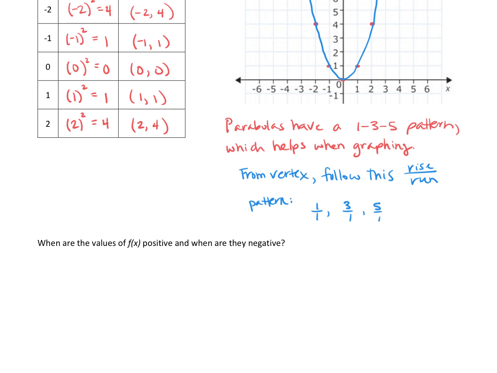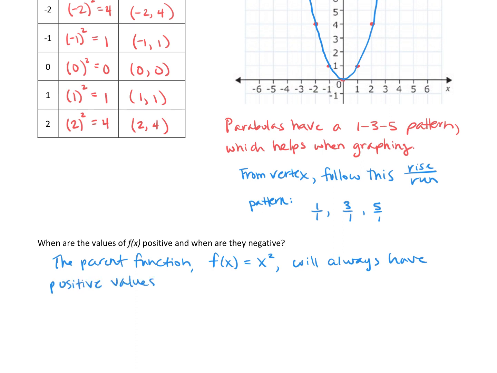So the parent function, f of x equals x squared, will always have positive values, except at the vertex, when the value of f of x is 0. Okay, so here's what we mean by that.